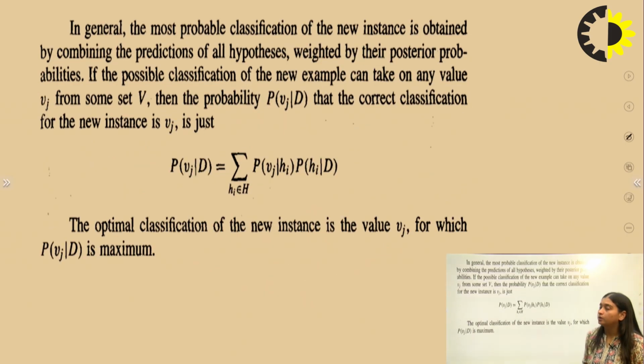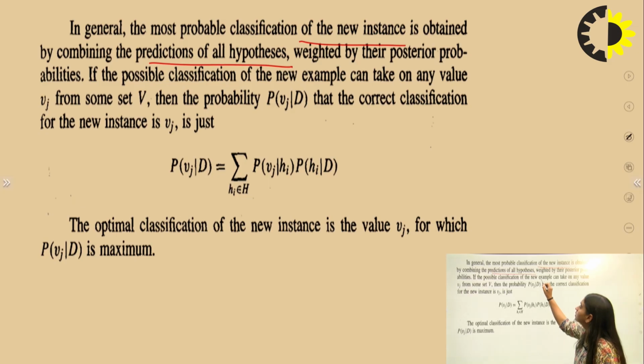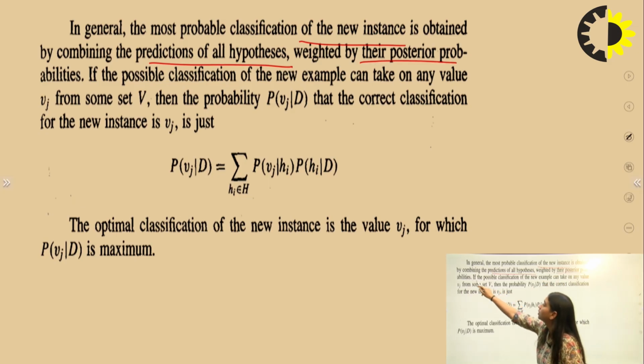Now in general, for the most probable classification of the new instance, we are talking about the Bayes optimal classifier. It says the most probable classification of the new instance is obtained by combining the predictions of all hypotheses, weighted by the posterior probabilities.